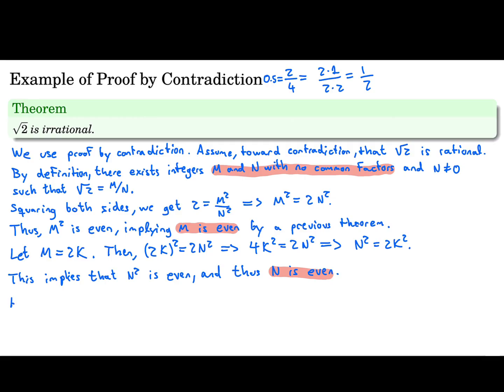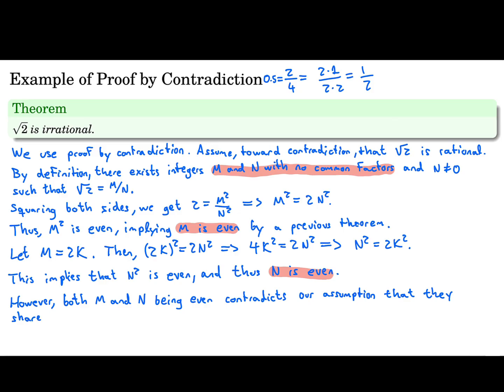So, however, both m and n being even contradicts our assumption that they share no common factors.